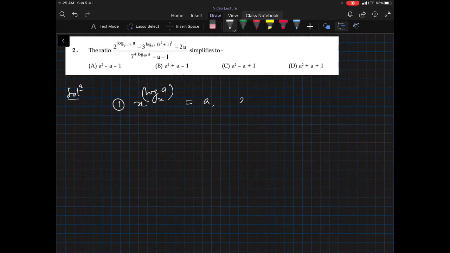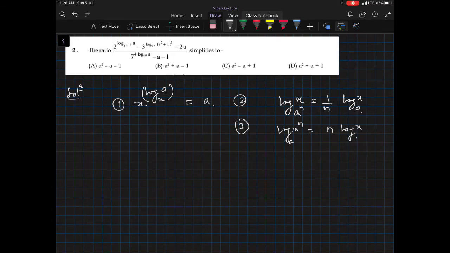Second: log x base a to the power n can be written directly as 1 by n log x base a. And one more: log x to the power n base a can be written as n log x base a. So I am going to apply 1, 2, 3 in the above question.